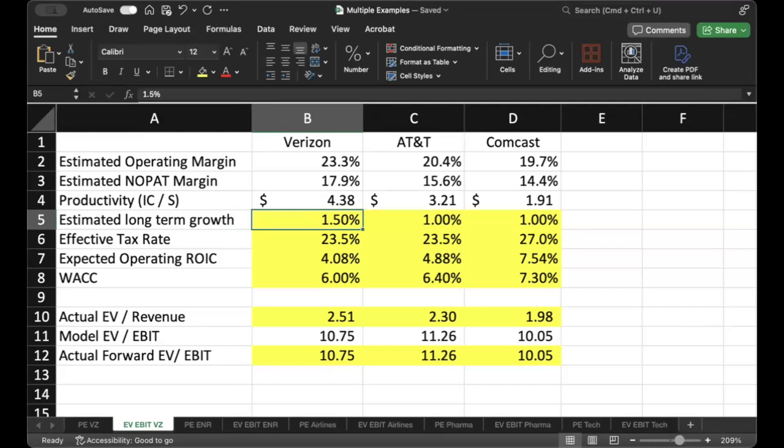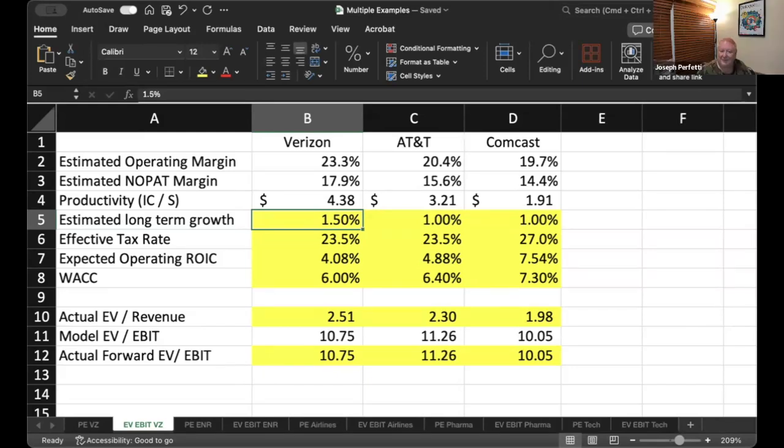So the higher WACC is essentially just hurting AT&T. Yeah, so that's not why AT&T is trading at a premium. It's what you said earlier. It's the lower growth; they're destroying value at a lower rate. But they're both destroying value.